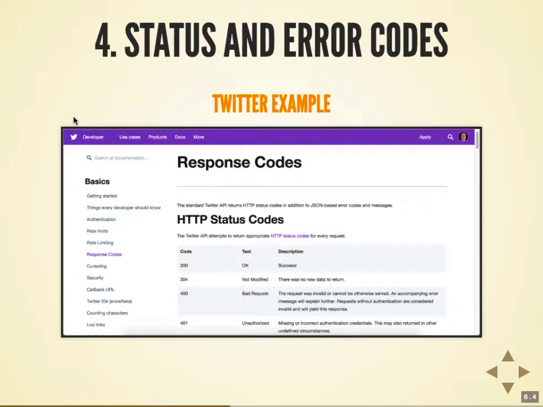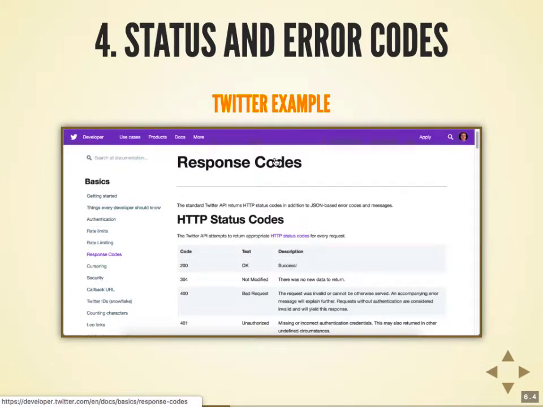Like what to do when you get these status or error codes. I mean, the troubleshooting is related. I wouldn't say that this is specifically troubleshooting. And yeah, even here, this Twitter example, the general term, I guess, is response codes, but the status code is like the HTTP status code. Maybe there's other codes.